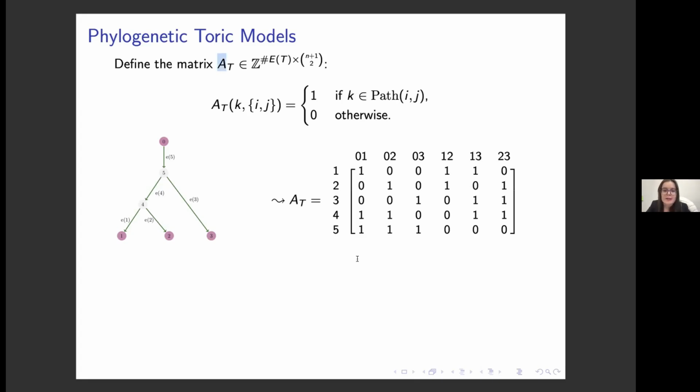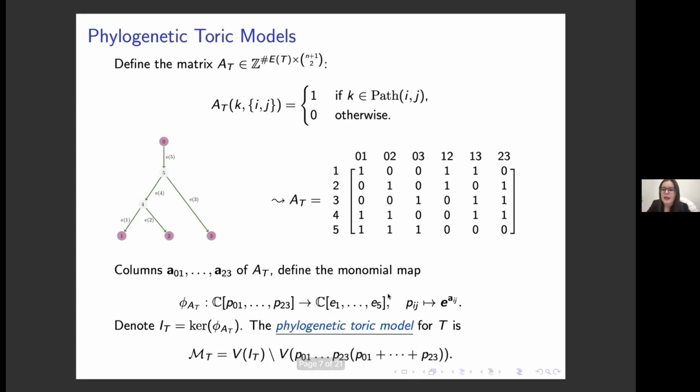For instance, we have here 0, 1. The path from 0 to 1 passes through edge 1, edge 4, and edge 5. So we have a 1 in positions 1, 4, and 5. And 0, 2 similarly uses edges 2, 4, and 5, and we have 1 in those positions and 0 otherwise. This matrix allows us to form a monomial map with the columns of the matrix.